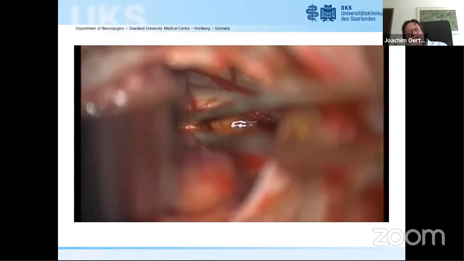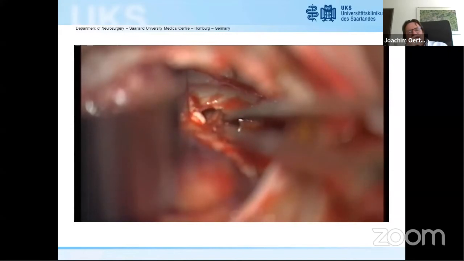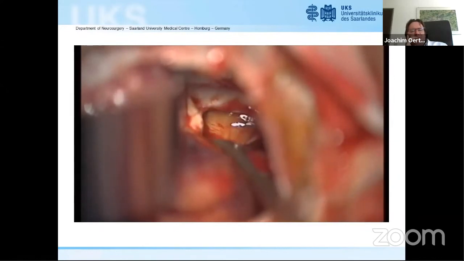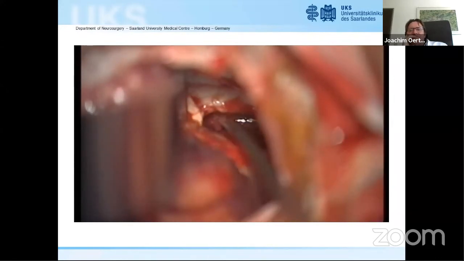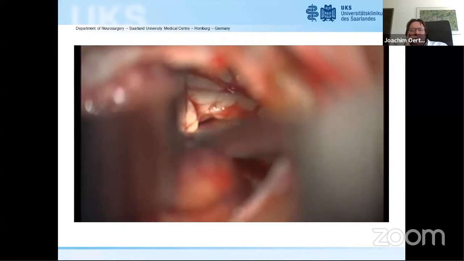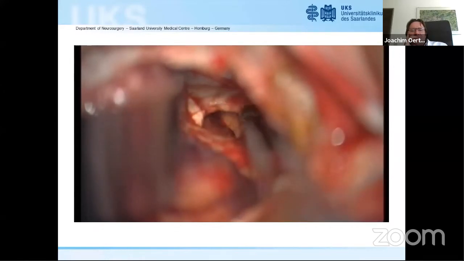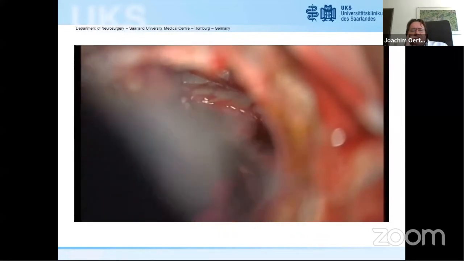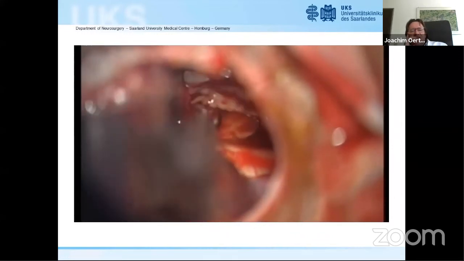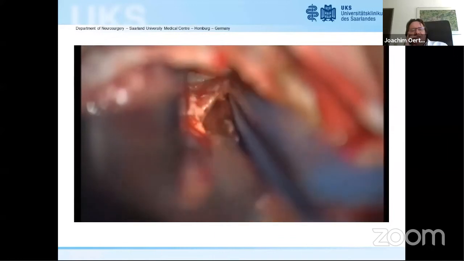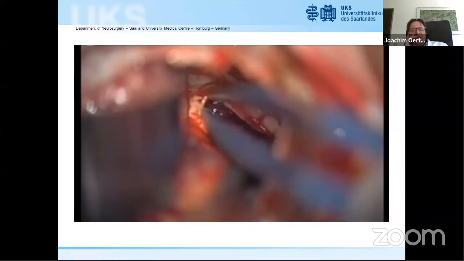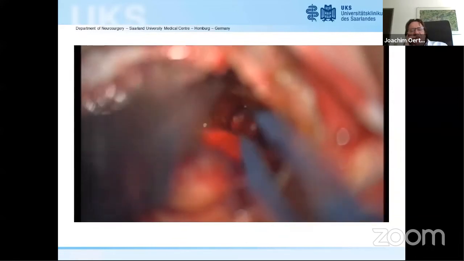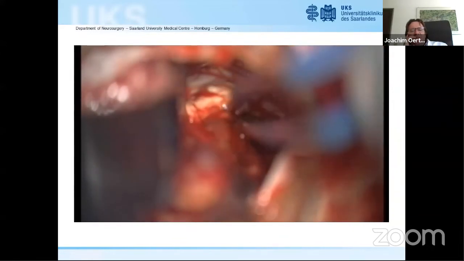And then we just grab this lesion and we circular preparation. Unfortunately, this is not very good to see, but it was very firm. And now you see that it's a typical cavernoma, very typical cavernoma appearance.